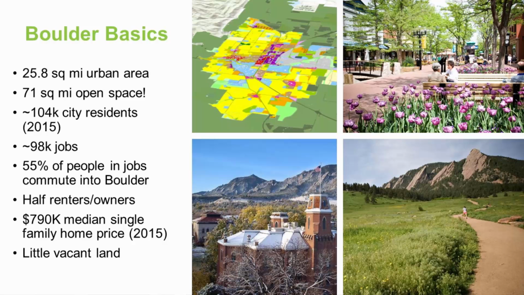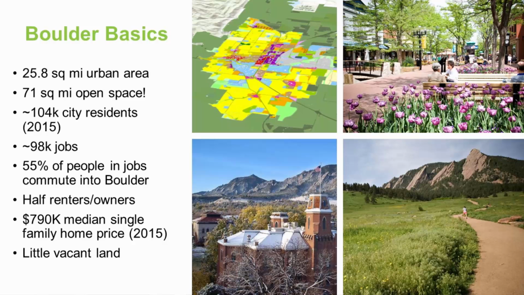Boulder has open space that surrounds most of the city, or almost the entire city. That's the slide up there, or the picture up at the top with the green. Open space is city-owned land that is set aside to preserve natural areas and also provides recreational opportunities for the residents of Boulder and visitors to the community.